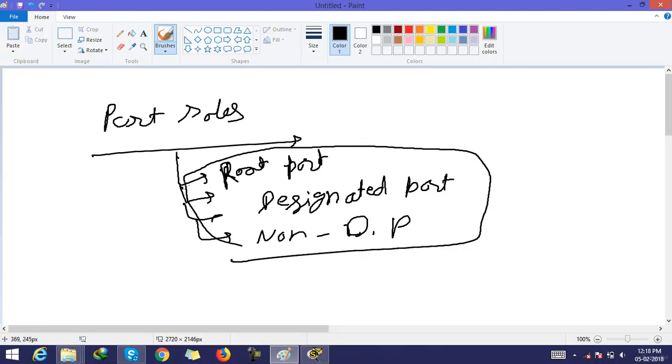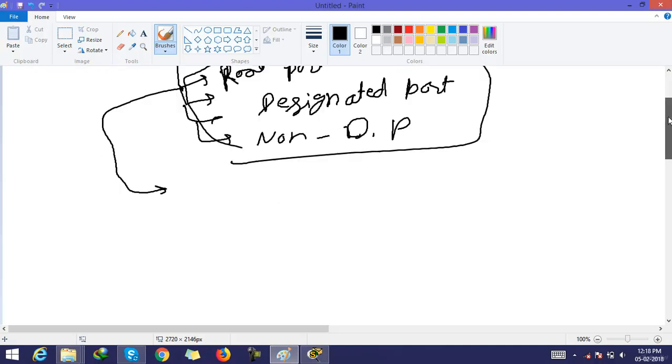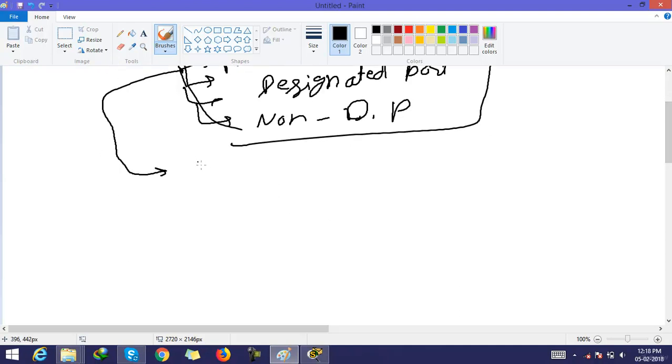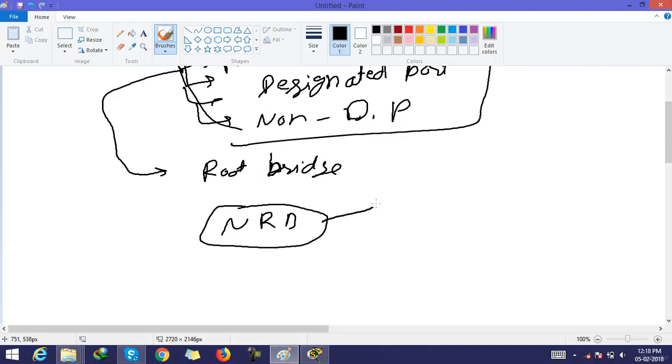Now we will discuss root port. After electing the root bridge, every other non-root bridge selects a port as a root port.